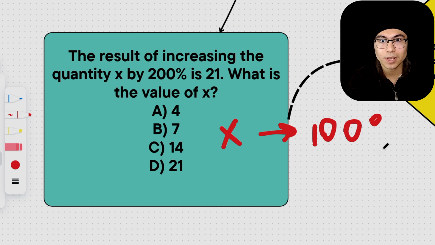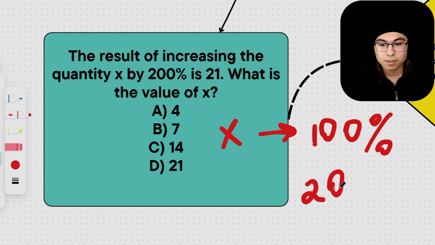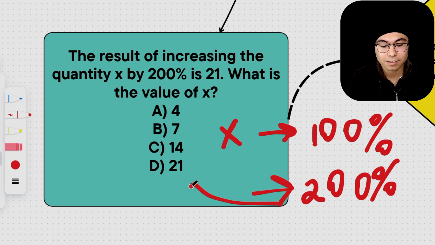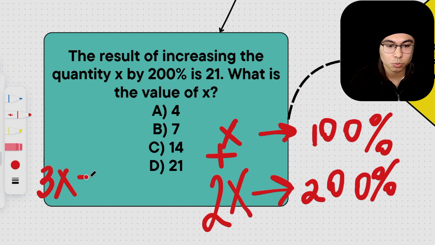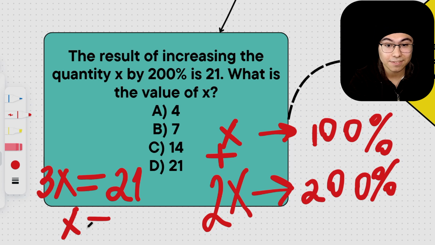And if we have to add 200% of that, that would be 2x. Because it's being increased, if we add both, that would be 3x. 3x equals 21, and x equals 7.